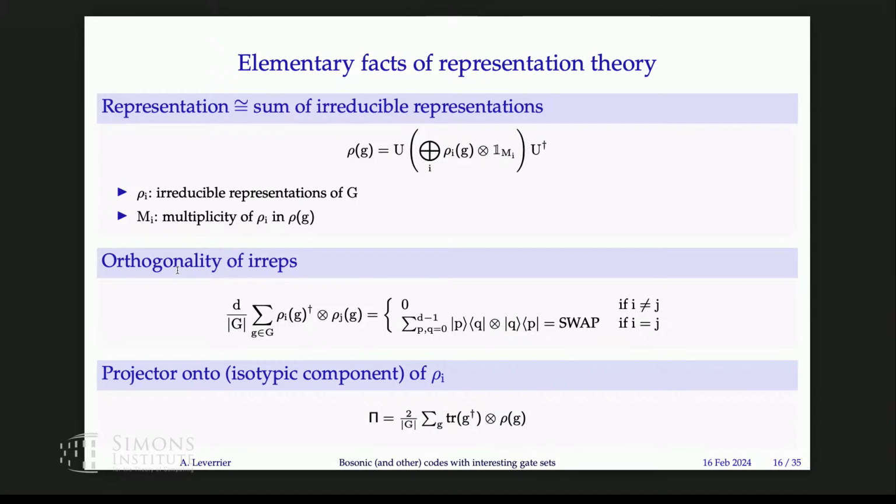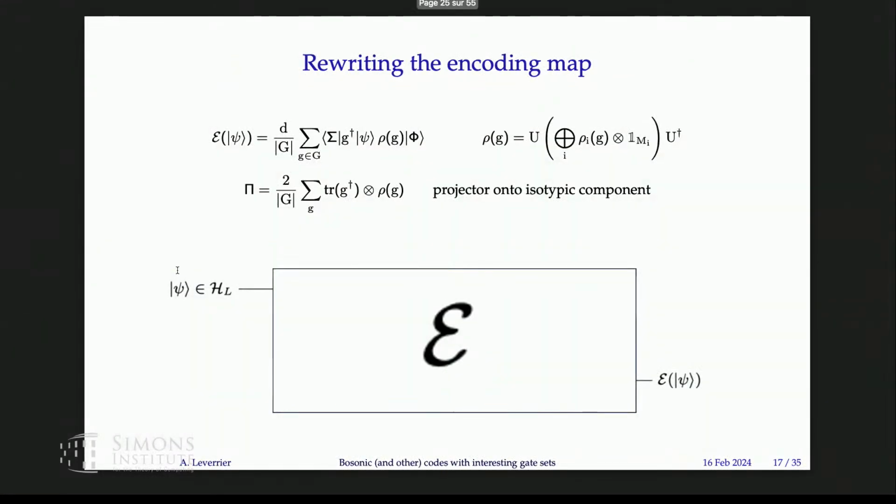You need the last thing, which is what you project onto each of these elements in this decomposition. These are called isotypic components of the representation, and there's a way to write down the projector onto that space. Okay, so these are the three things that you need. Again, these are elementary facts from representation theory. They are not complicated. And then with these things, we can try to understand the encoding map a little bit more precisely.